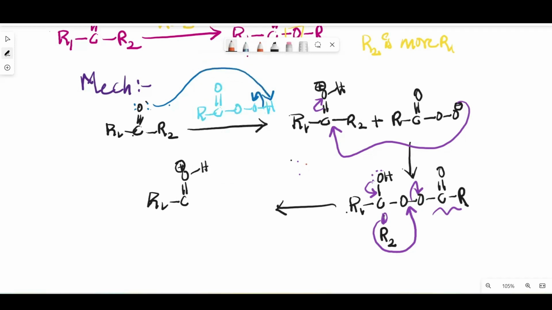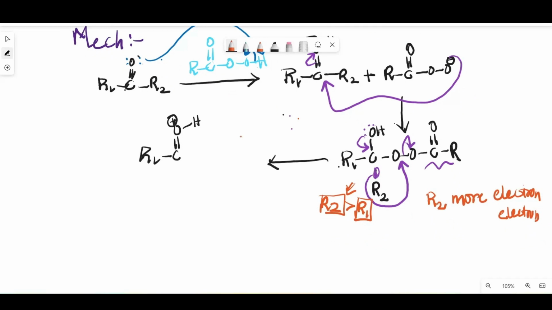This is the most important step in this reaction. So here R2 should be more electron rich. If it is more electron rich, then only it will migrate. See, here we are considering R2 is greater than R1. Like this, R2 is more electron rich than R1. So we are considering this situation.